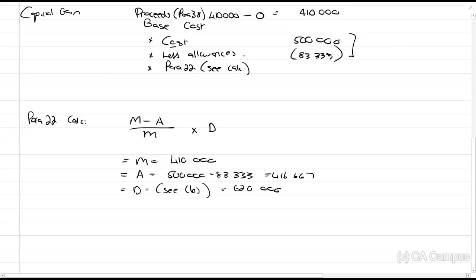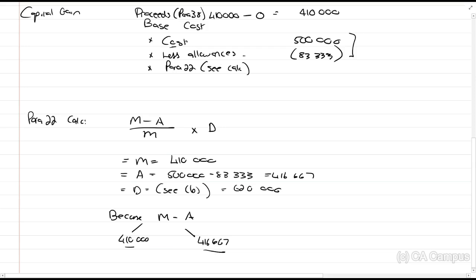Now, so usually you fill these numbers in, but now we have a problem. Because M minus A, M is 410 and A is 416,667. Can you see you would make a loss? This is like proceeds minus base cost basically.